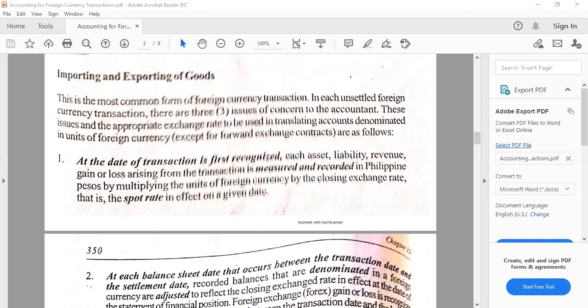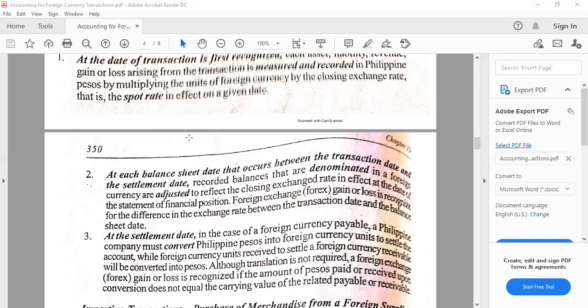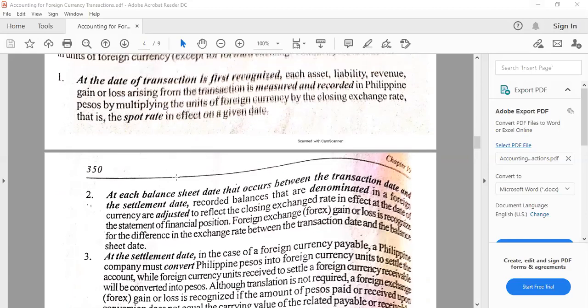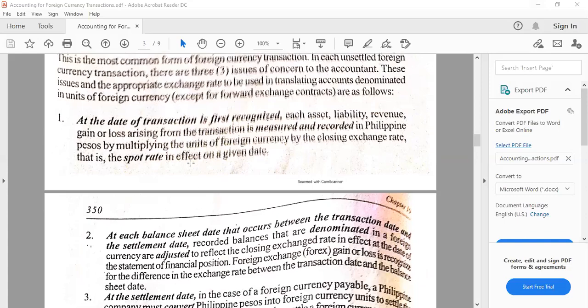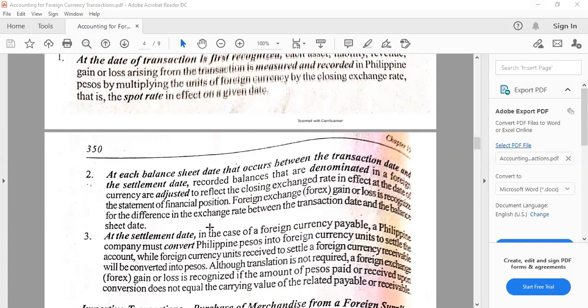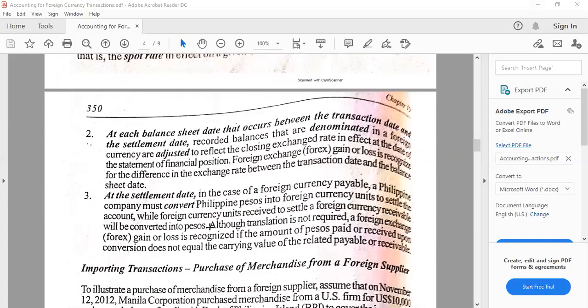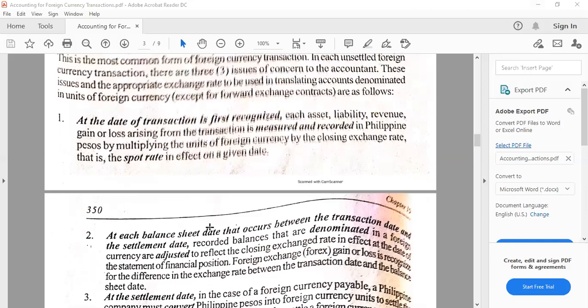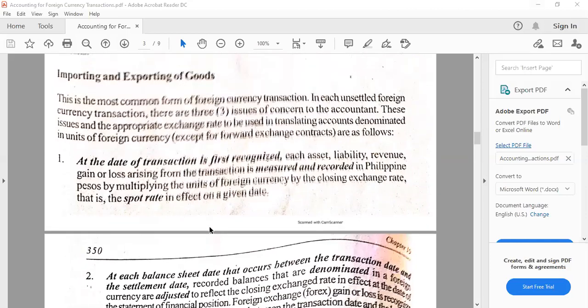So we have to take note though that in recording of transactions for accounting for foreign currency transactions, there are three important dates. Although these dates can be related to our discussions even from accounting one.